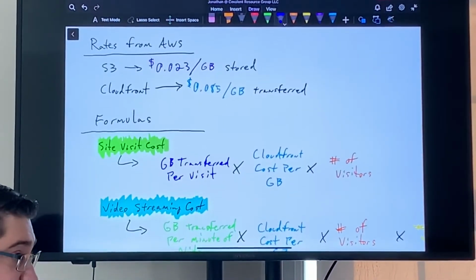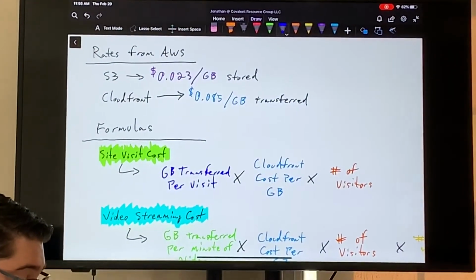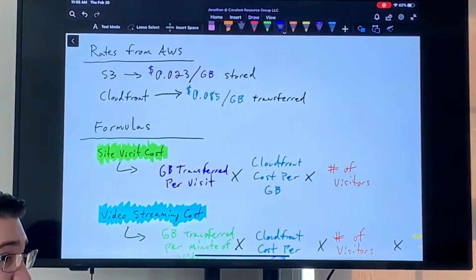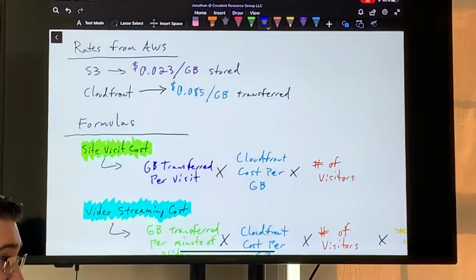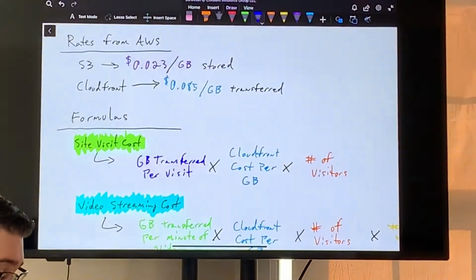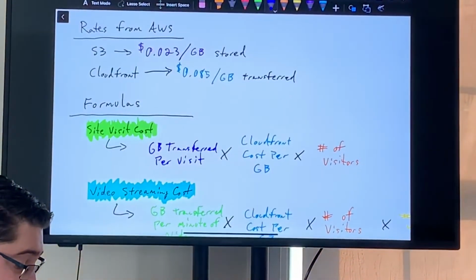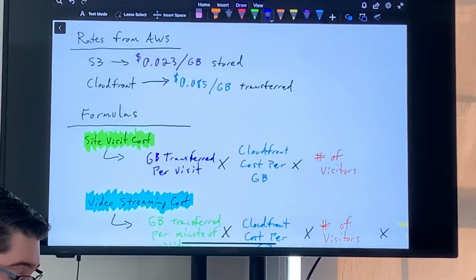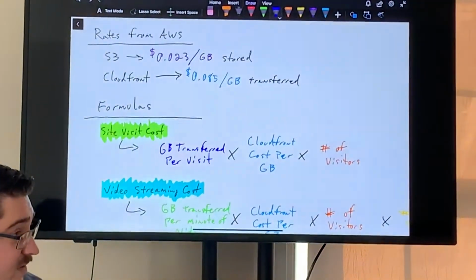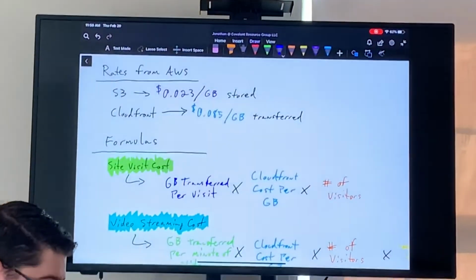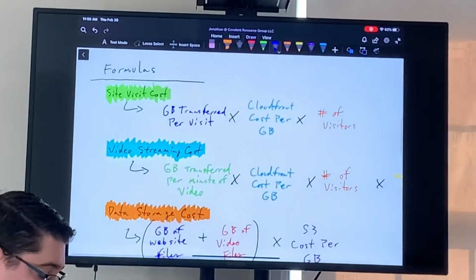S3, which is for storing all the videos and the website files, and CloudFront, which is the service used when people are streaming the videos and downloading things. And these are the 2 rates: 2.3 cents per gigabyte for S3 and 8.5 cents per gigabyte for CloudFront. Okay. And the calculations are pretty straightforward, and I'll run through those with you.